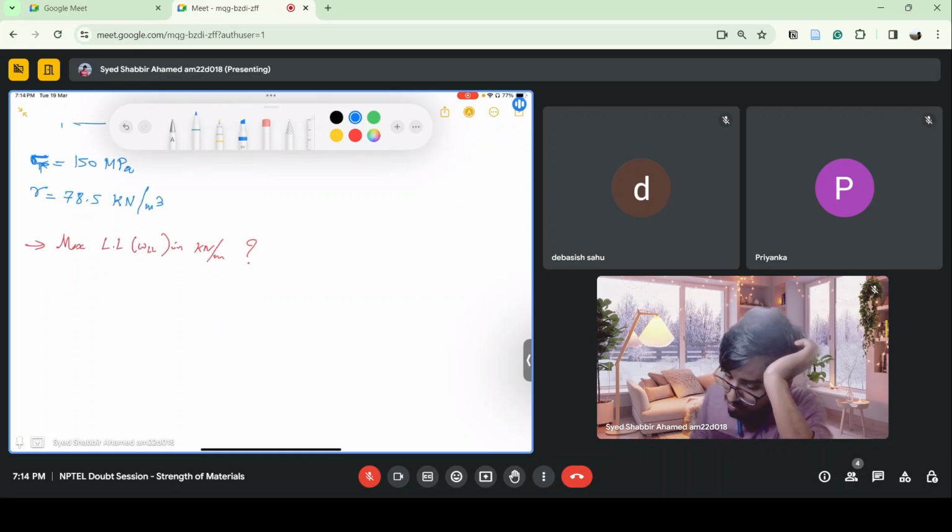So from the flexure formula, bending moment and bending stress can be related like this: M by I, say Z, M by Z should be equal to the permissible stress, f by y. Generally, I'll write y.